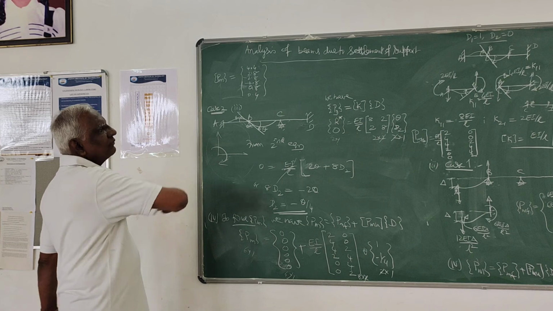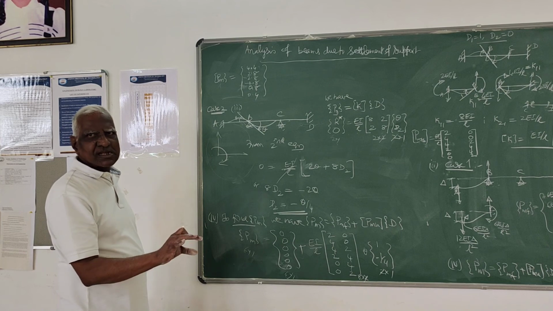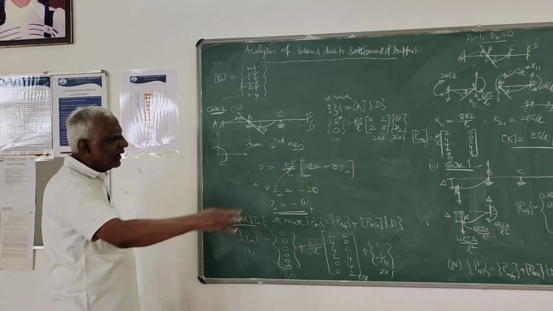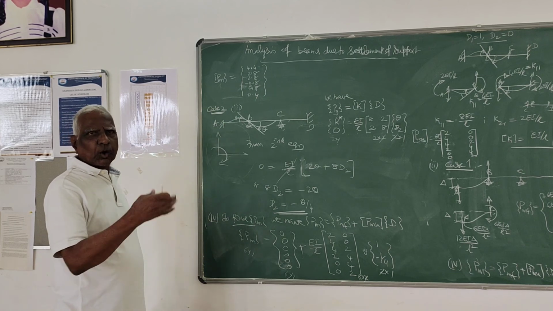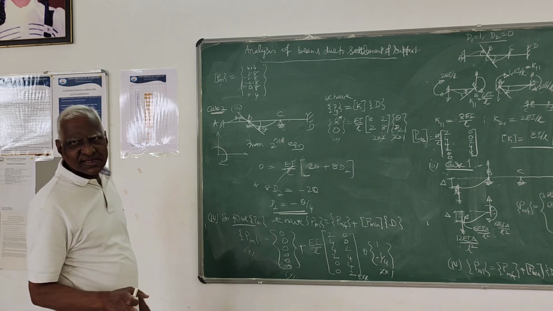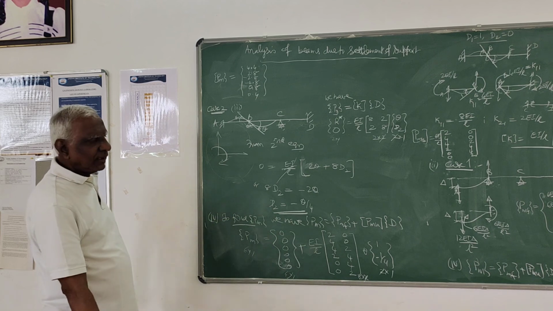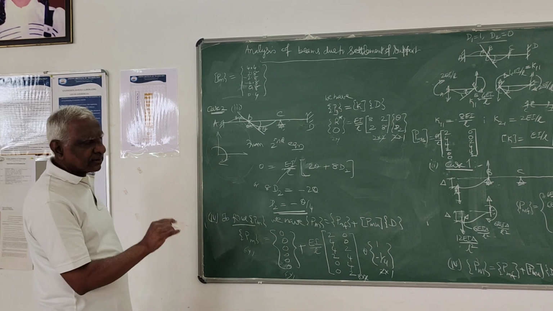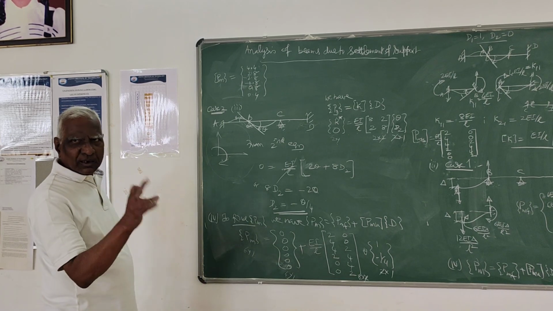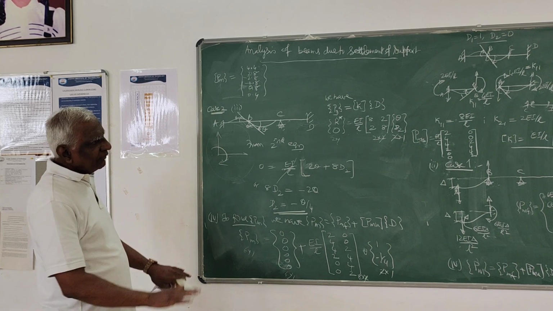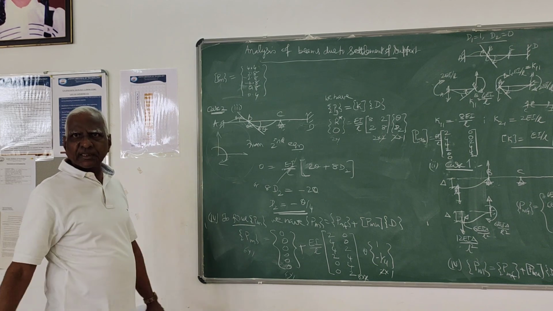In the element approach, with respect to local coordinates, we generate the local stiffness matrix Km, transform it into global, and proceed. In fact, that is the exact procedure by which we write programs on computers and do the analysis. That truss problem I do is a little bit lengthy. The system approach is suitable and short for hand computation. For the element approach, I will do only one small truss problem.